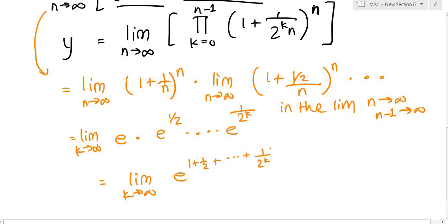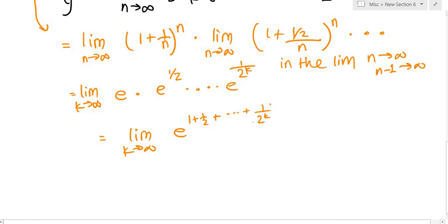Everything is in the power, and then knowing that there is a GP on top, you could directly apply the GP formula. What's the first term? A is 1, the ratio is half, so 1 over 1 minus half, that yields 2, e squared.